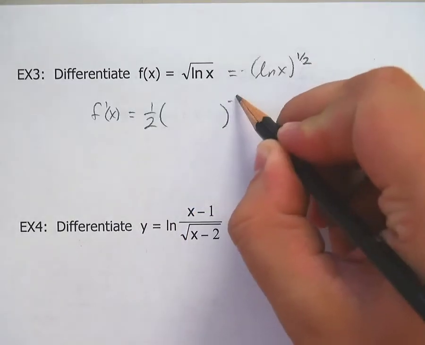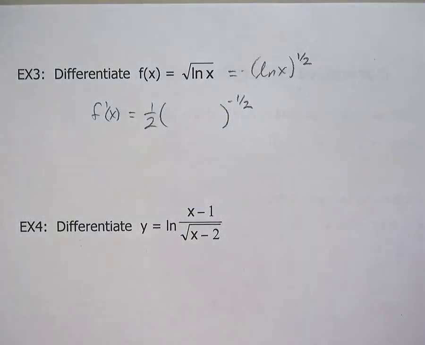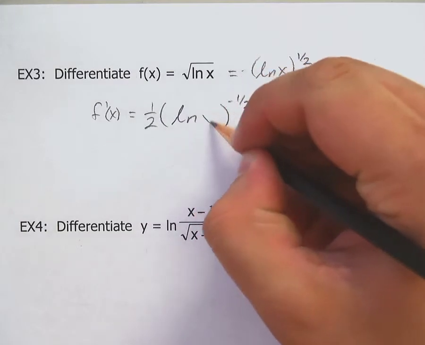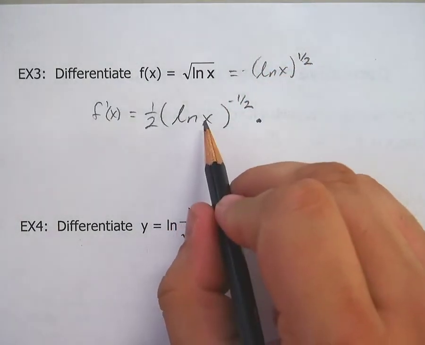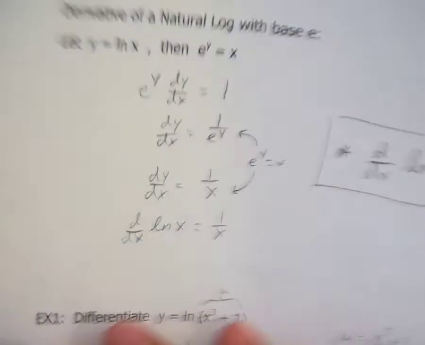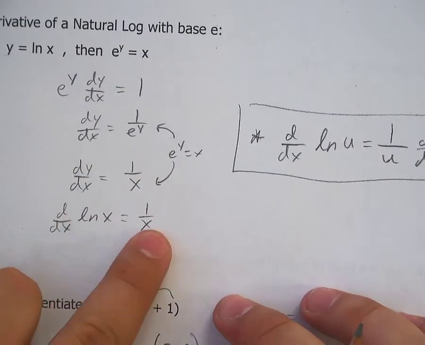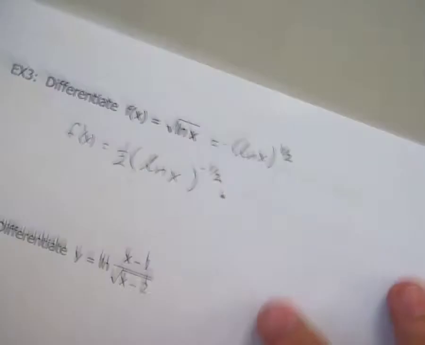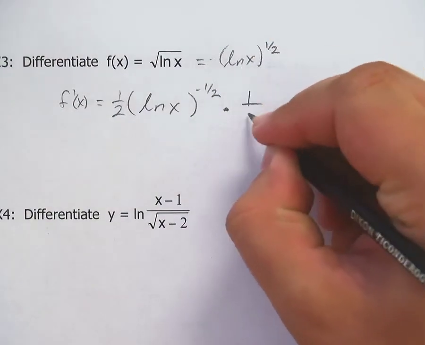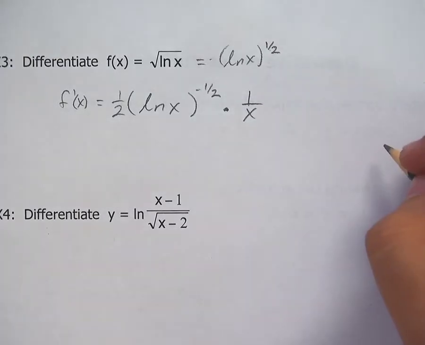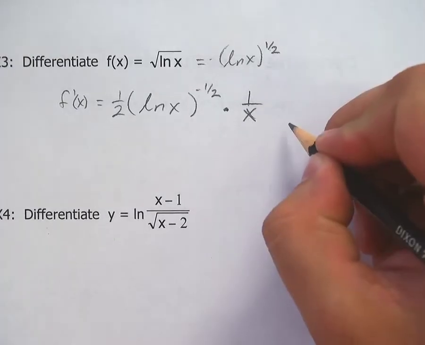And then negative 1/2. The inside stays the same, and then times the derivative of the inside. Well, the natural log of x, from back here, the derivative of the natural log of x is 1 over x. So the derivative of the natural log of x, 1 over x.